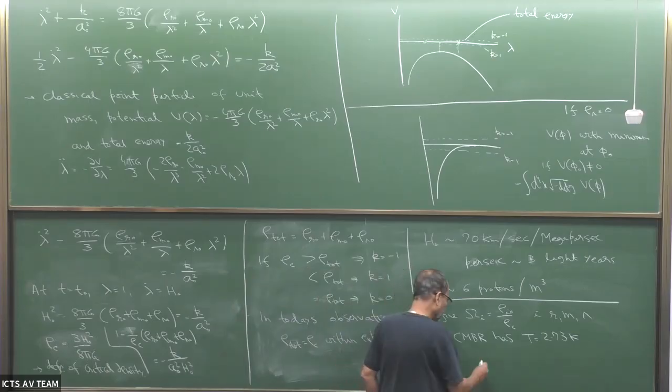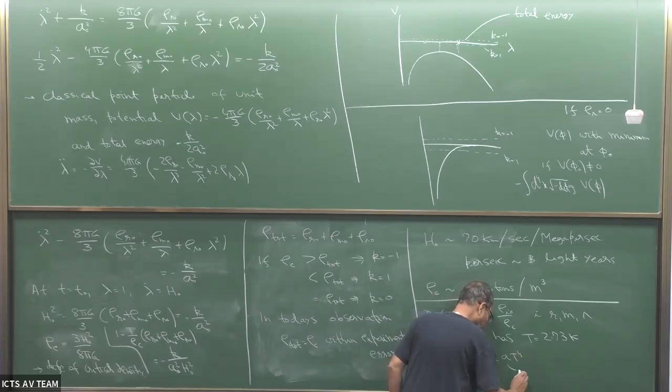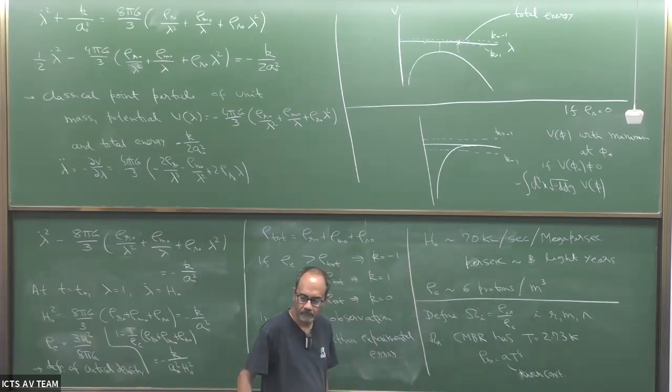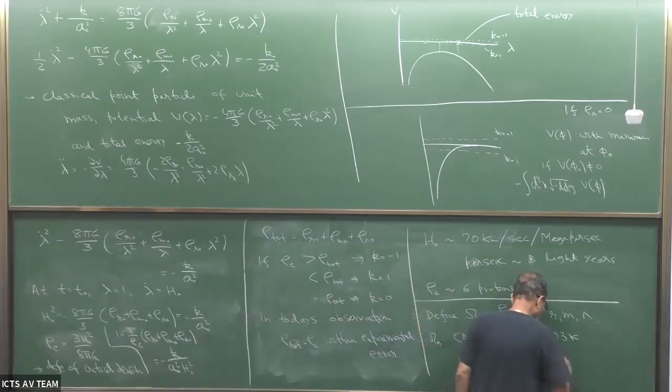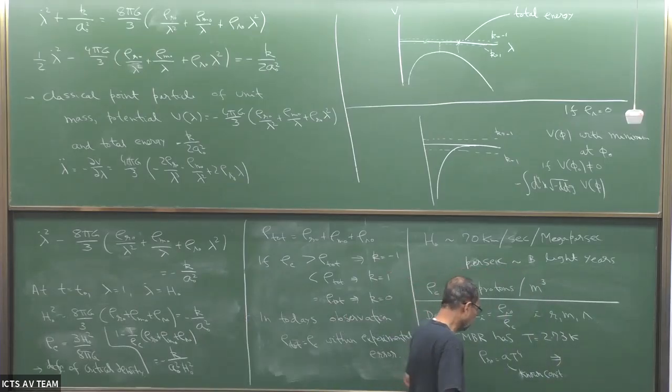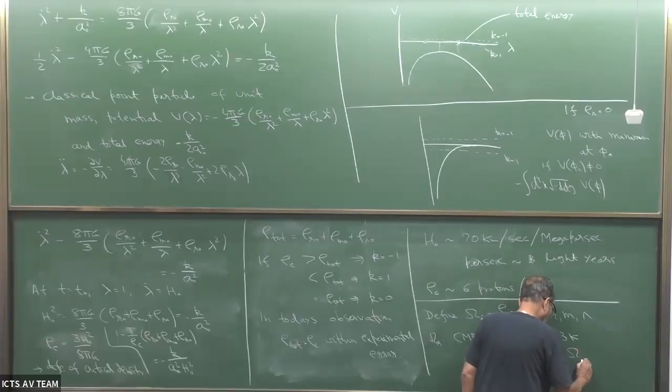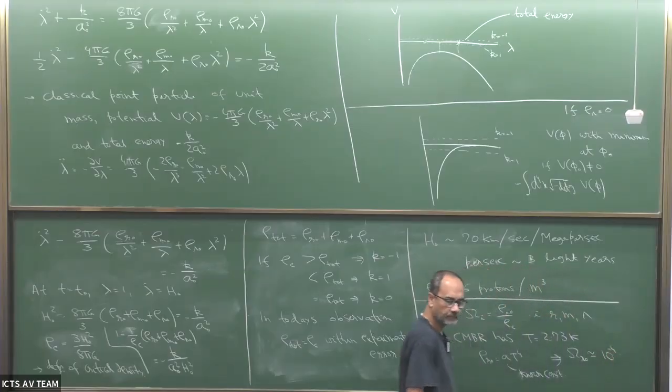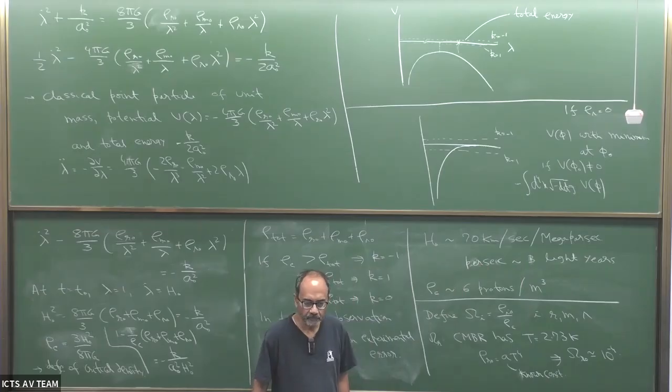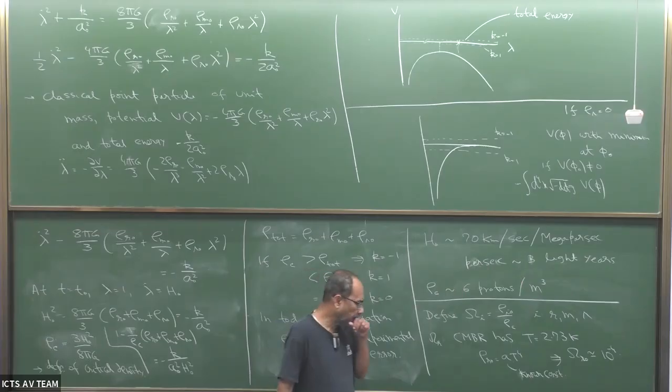So rho r0 is A T to the 4 for some known constant. And this gives you omega r0 of the order of 10 to the minus 4. So the ratio of the actual energy density of radiation to the critical density is of order 10 to the minus 4.